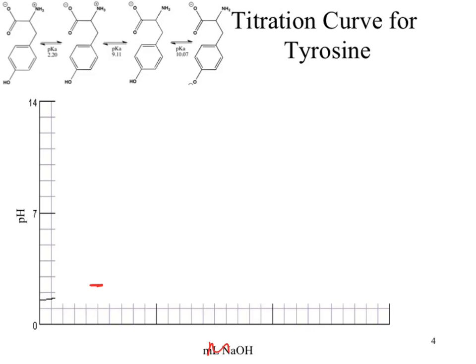The exact volume of the NaOH, I don't even really care about that. I want to see the basics of where these things fall. Where would our next buffering system be? I know that's kind of small, so the people up front can help you out. We're looking at about 9.1, so our next buffer needs to happen around 8 to 9. I think I got about 9 there. Pretty close.